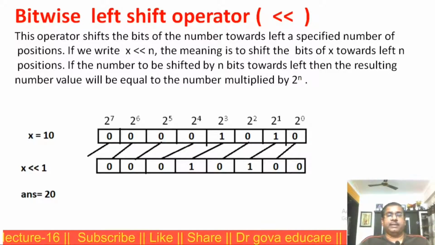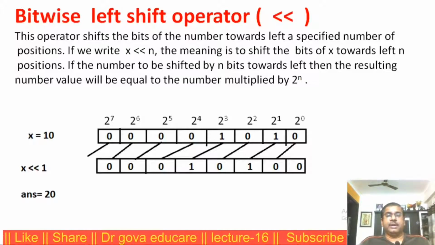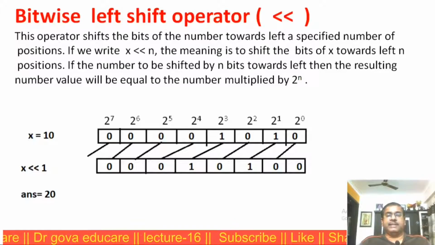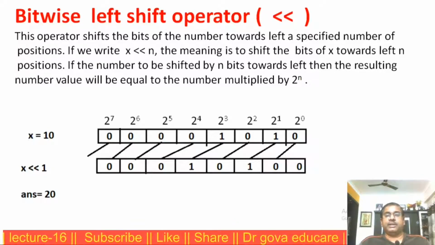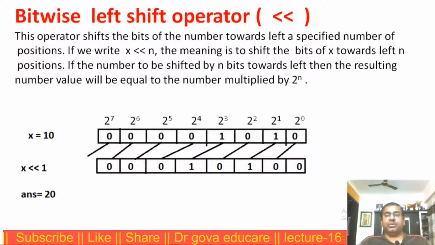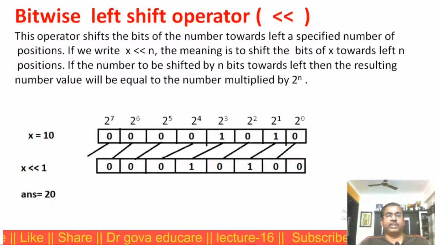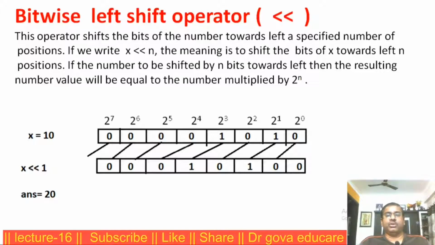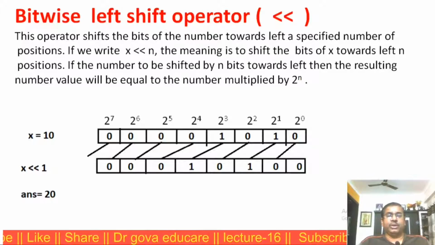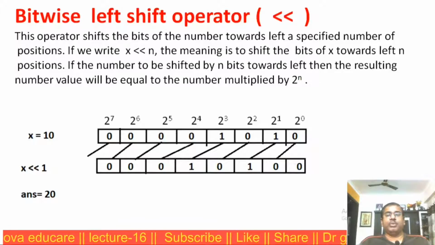If we write x left shift n, or x double less than n, the meaning is to shift the bits of x towards the left n positions. If the number is shifted by n bits towards the left, then the resulting value will be equal to the number multiplied by 2 power n.